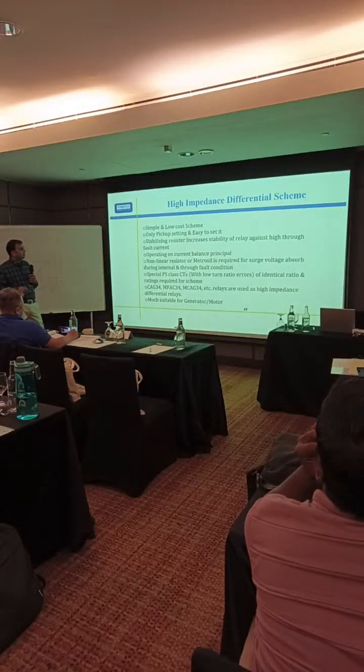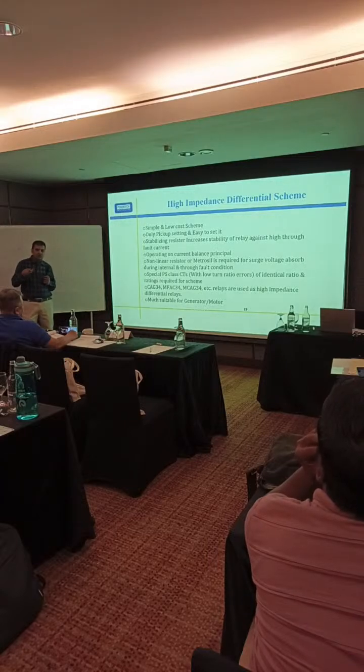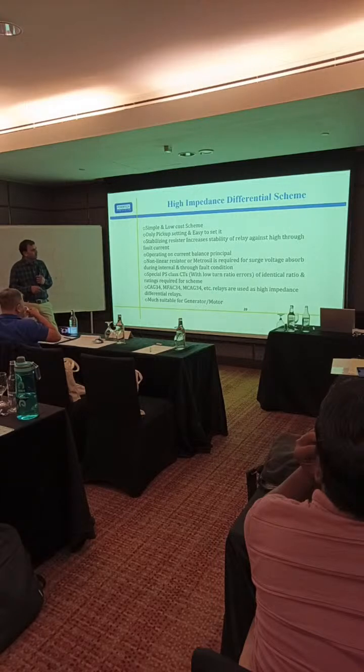it operates on the current balance principle. If there is any unbalance, it will flow through. That is the differential concept that is applicable to both low impedance and high impedance, but the method of detection is different. One is voltage based, the other is current based.